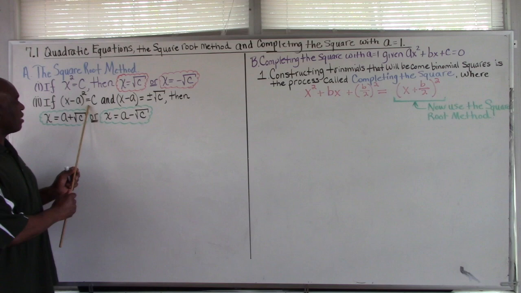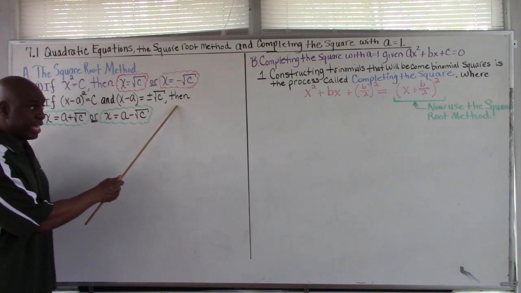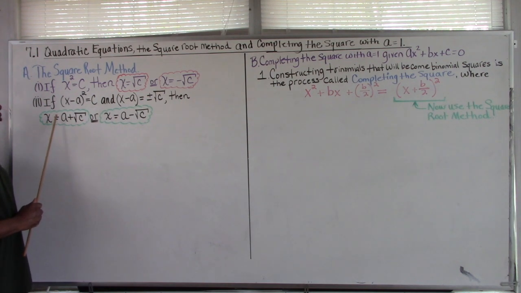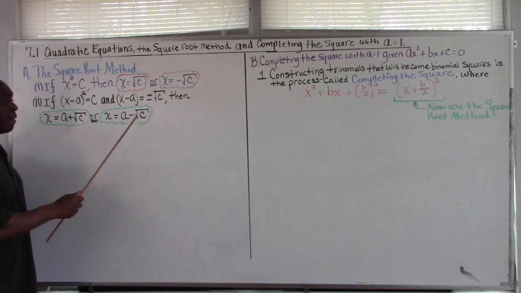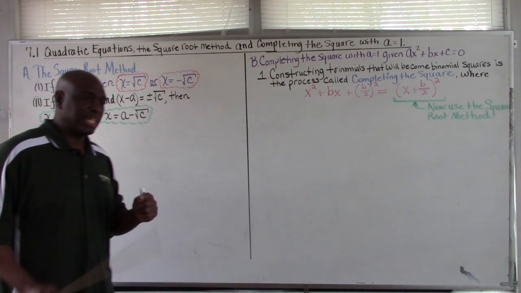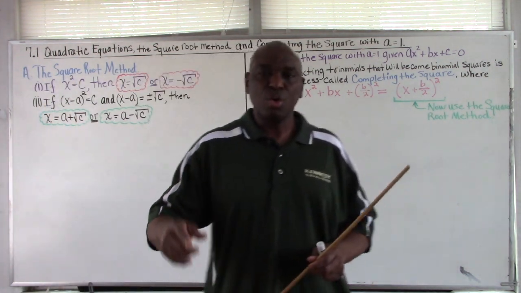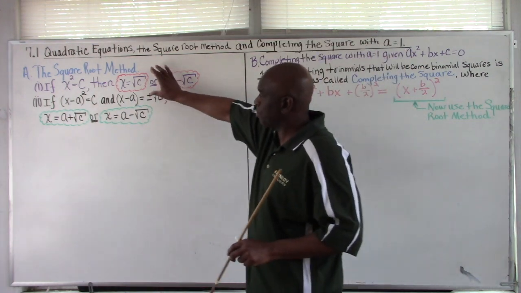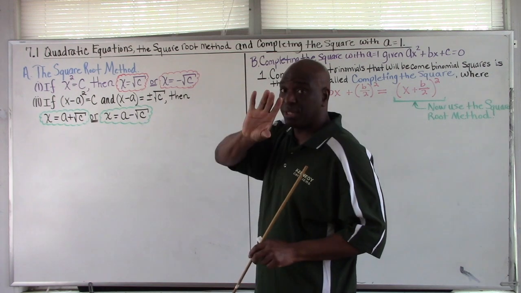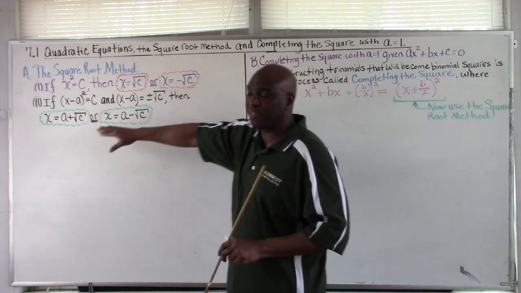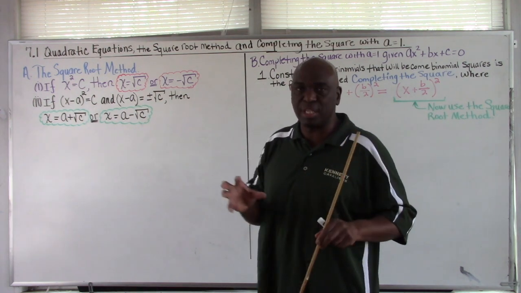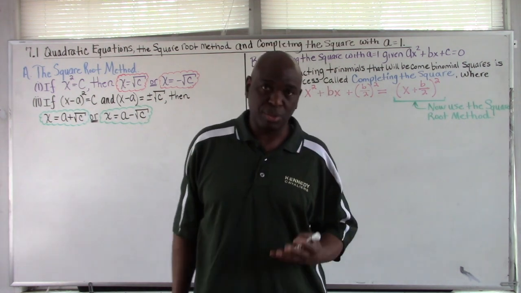So if this and that, then we can conclude that x equals a plus the square root of c, or x equals a minus the square root of c. Please notice what I've captured in red. That's important. And for condition 2, what I've captured in green is very important. Those are the primary things that I want us to focus in on.